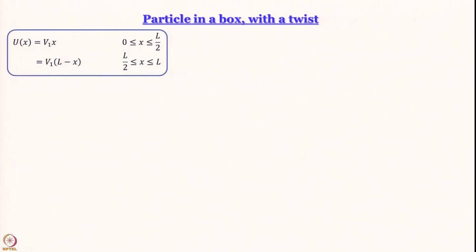Now we take this example. We go back to our particle in a box, but we include in it a twist, or rather a bend, if you want to call it that. What is that bend or a twist? We say that here potential energy is not 0.